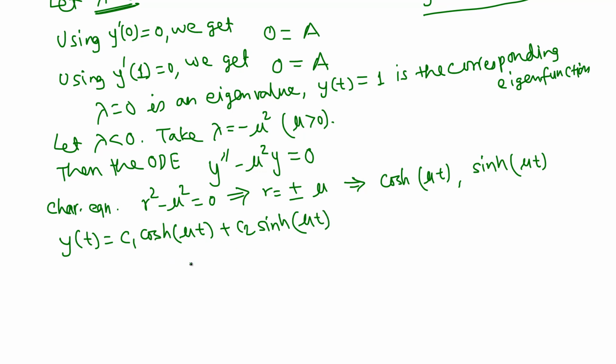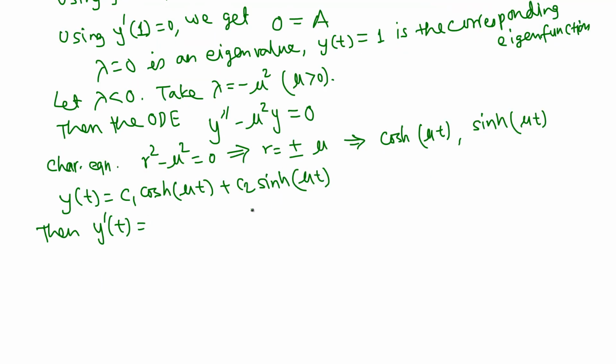Now we use the boundary conditions to determine c1 and c2. Okay, to use the boundary condition we need to find its derivative, and for hyperbolic functions we never get negatives. So the derivative is mu c1 sinh mu t plus mu c2 cosh mu t.